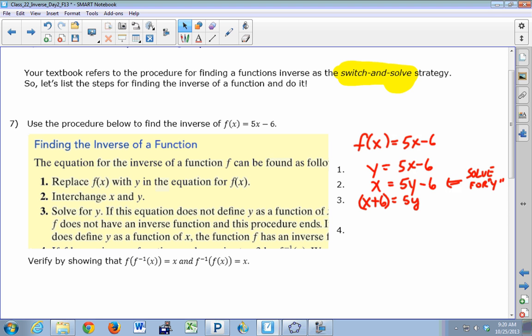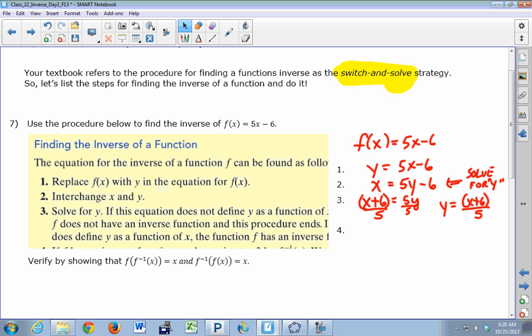And now the last step is to divide everything by 5. So y equals x plus 6, the whole thing divided by 5. And that's what we just said we would do: add 6 and then divide it all by 5. So we didn't even need these fancy steps. We could just think about the doing and undoing.